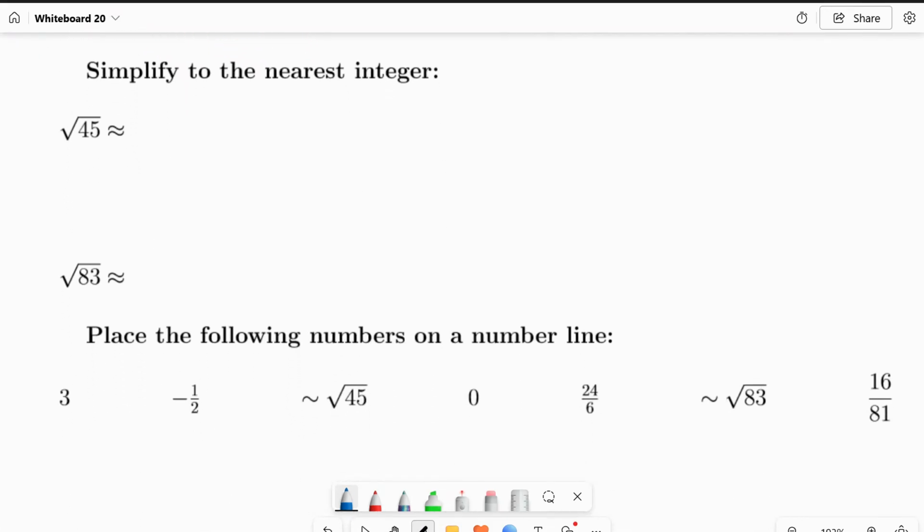Sometimes, though, we will not work with perfect squares. When we work with non-perfect squares, that is when we have to simplify to the nearest integer. We're just taking an educated guess. Well, not really. We're just simplifying our original square root. So starting with 45 here, we ask ourselves, what are factors of 45 that could include a perfect square?